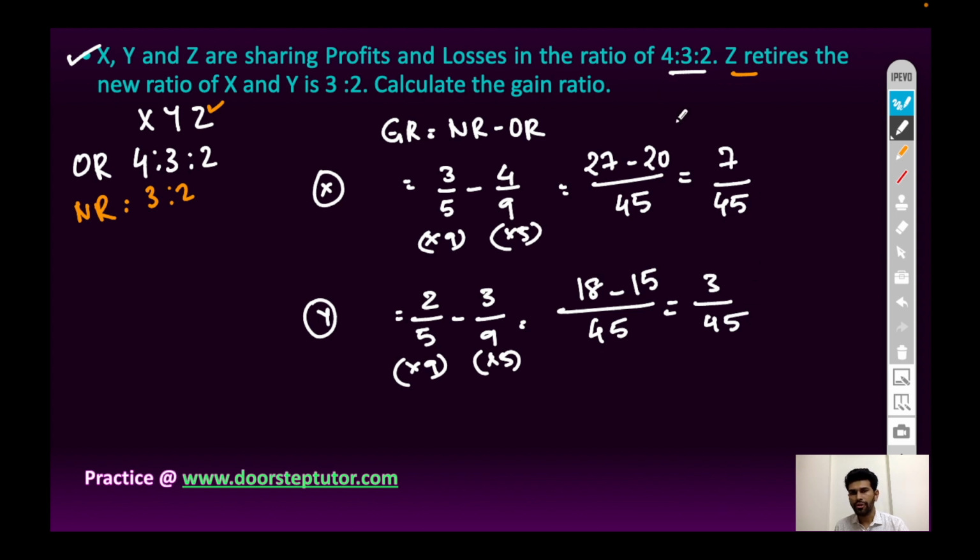So gain ratio is 7:3. Gain ratio among X and Y is 7:3.